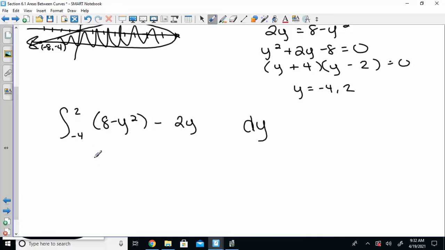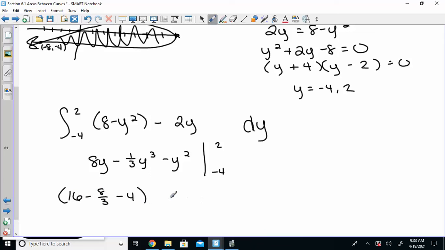So we can integrate. Antiderivative of 8 would be 8y. Antiderivative of y squared is 1/3 y cubed. Antiderivative of 2y would just be y squared. So if we plug in, 8 times 2 would be 16. 2 to the third would be 8 thirds, minus 4. Again, negative 4, that's negative 32.